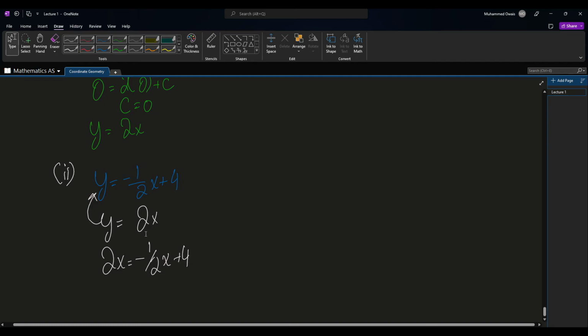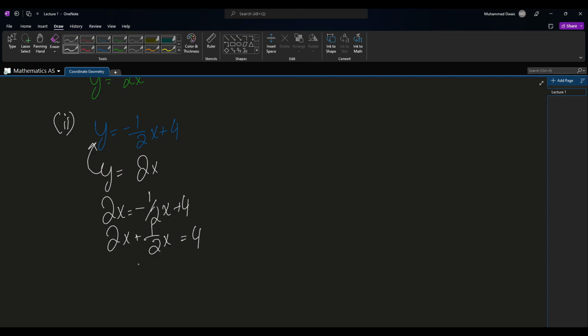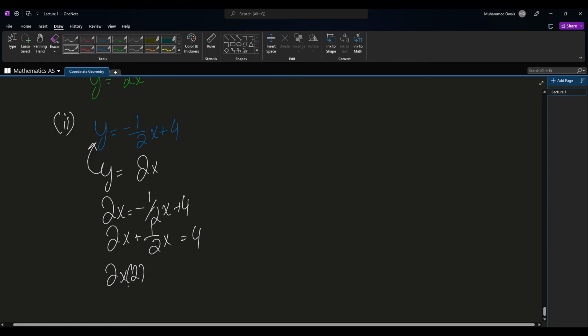Now I can bring that half x to that side. So this becomes 2x plus half x equals 4. Now then, if you equate this, because the denominator needs to become the same, this becomes 2x into 2 over 2 plus x equals 4.